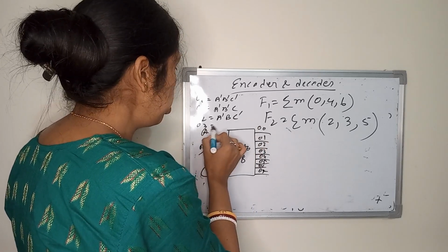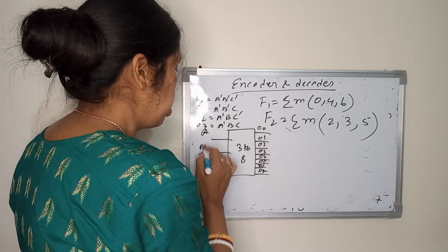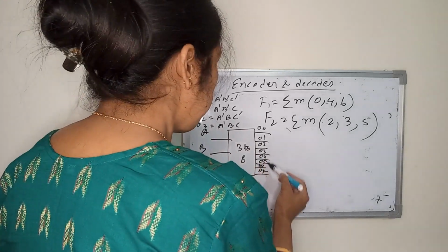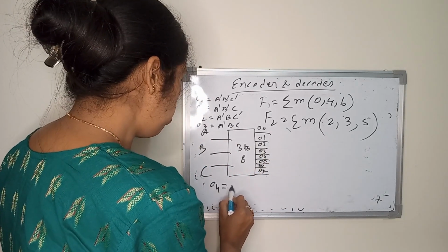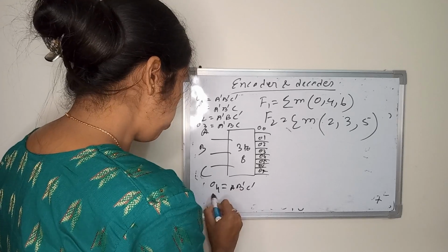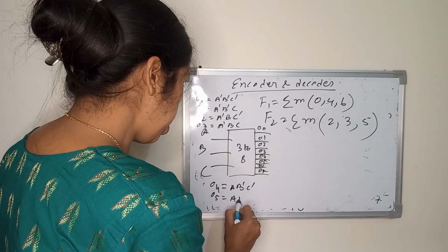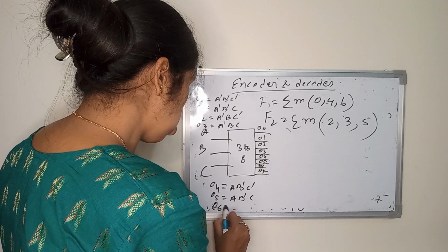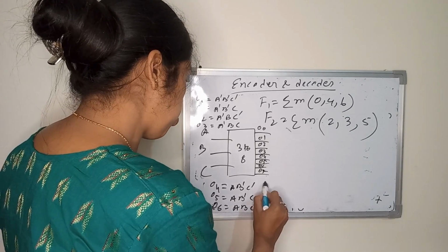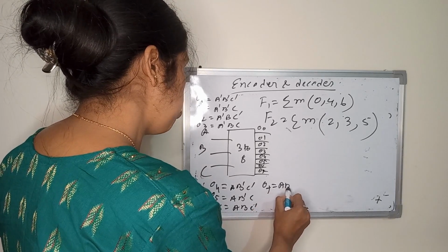O3 will be A prime B C. Like this you will have the functions. O4 will be A B prime C prime. O5 will be A B prime C. O6 will be A B C prime. O7 will be A B C.